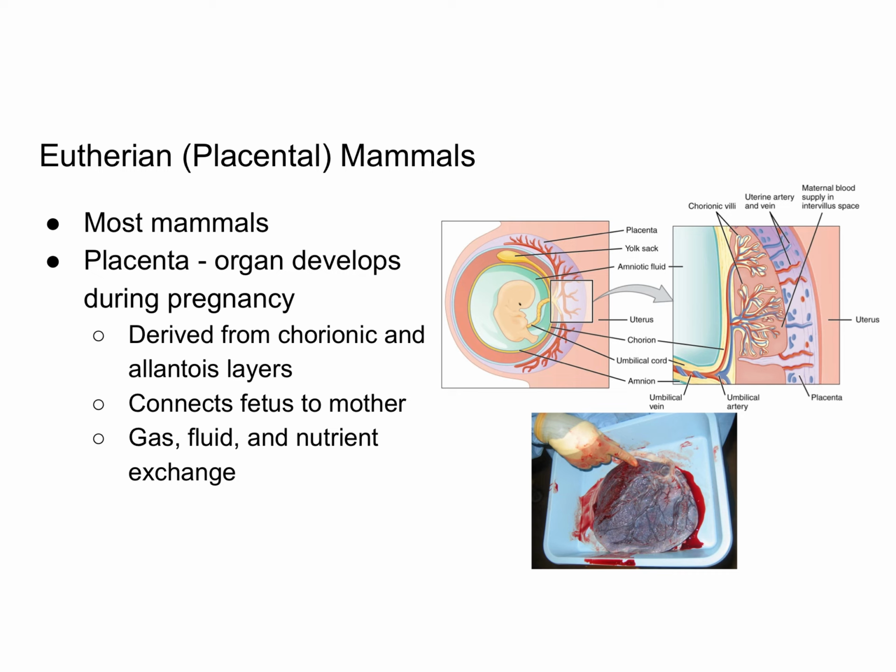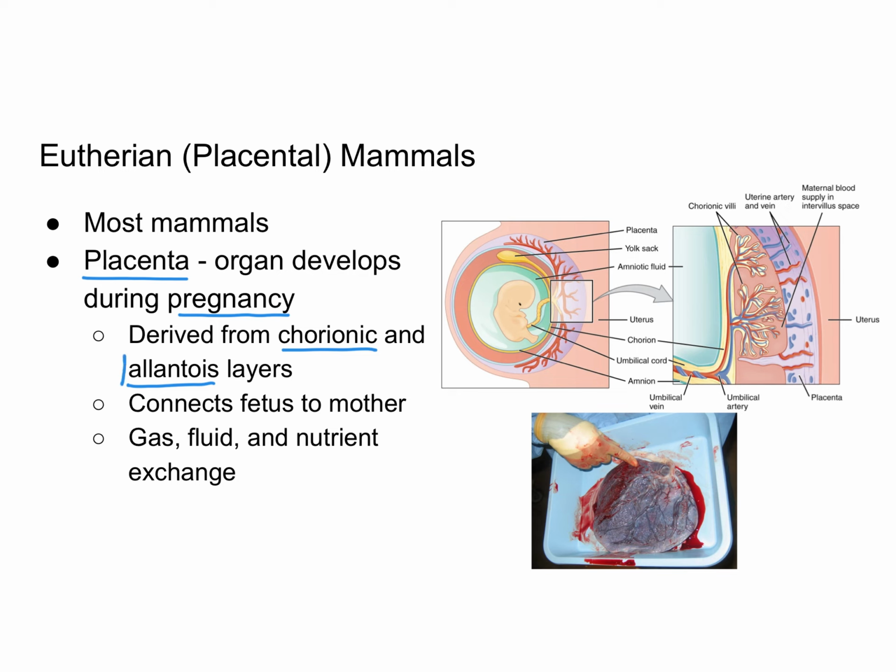Most mammals fall into this category of being eutherian or placental mammals. This means that they have a placenta, which is an organ that develops during pregnancy. It is derived from two of those extra-embryonic layers of the amniotes. Remember when we talked about amniotes, we talked about the layers in an egg: the chorion and the allantois, and also the yolk sac and the amnion.